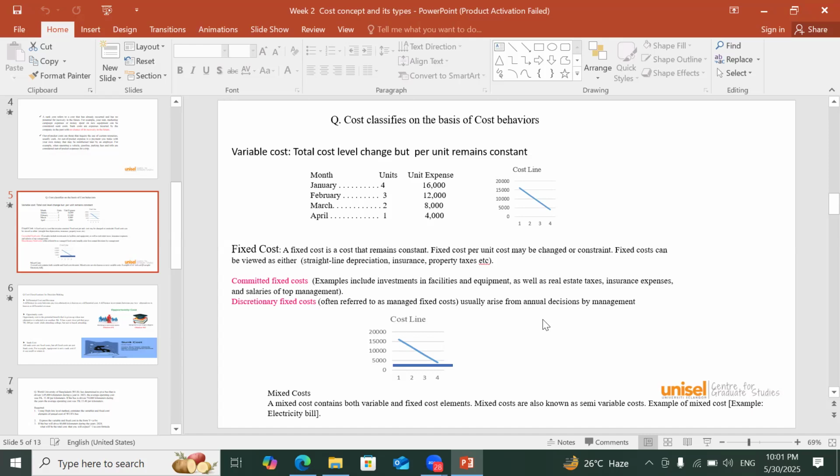Again, another example. Say, for example, you are an owner or manager of a group of industries, where different types of products are produced. Say, for example, factory cost.